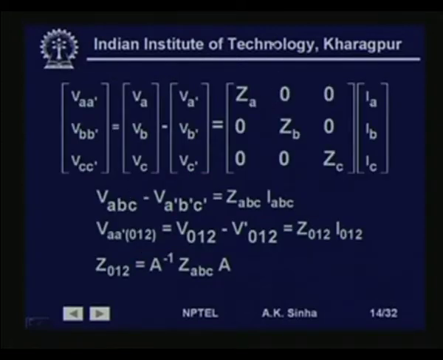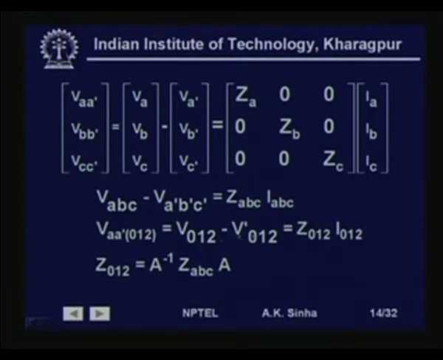So, in this way we can write this relationship in this simple form, that is, VABC minus VA'B'C' is equal to ZABC into IABC. Now, this can also be written in terms of sequence components as VAA'012 is equal to V012 minus V'012, that is positive sequence voltages at point F and positive sequence voltages at point F'.